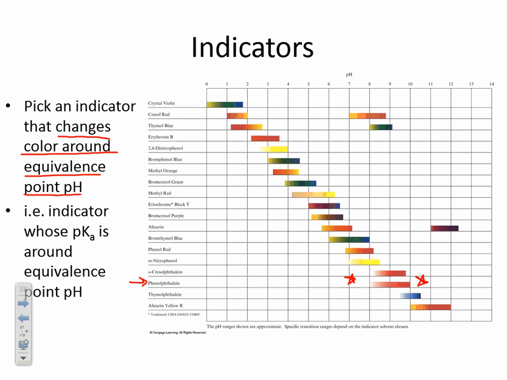So you want to pick an indicator whose pKa is right around the equivalence point pH. So basically the indicator will change color when its pKa shifts ratios from having more weak acid to more weak base. So that's kind of how you want to pick out your indicator. You want to pick an indicator whose pKa matches up with what you expect the equivalence point pH to be.